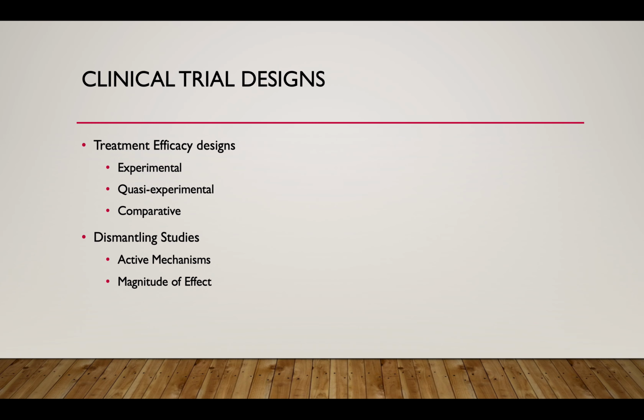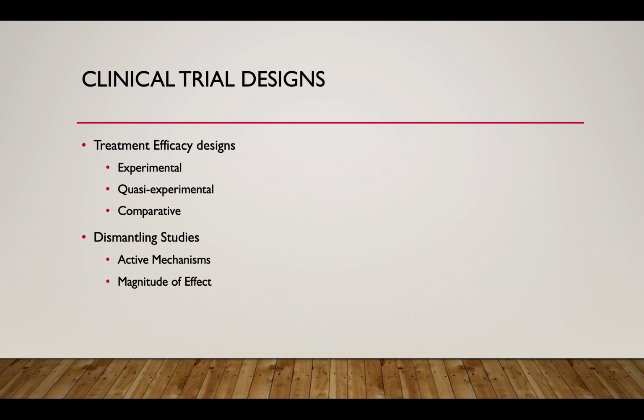So let's start out a little bit by talking about clinical trial designs. We have a few different types of clinical trial designs. The first are treatment efficacy designs, and these are important when it comes to both mediation and moderation.